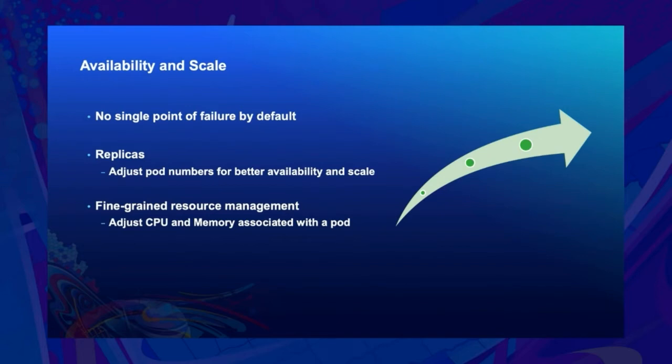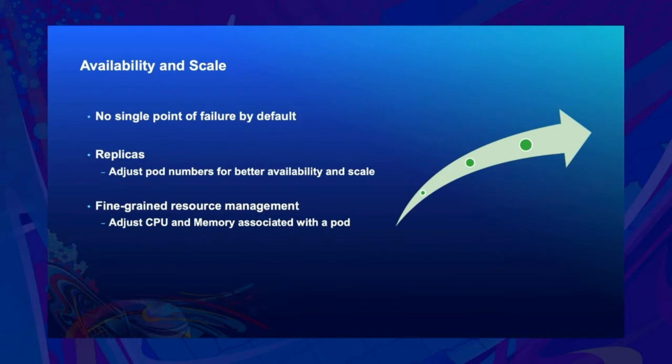In the architecture and design, we paid careful consideration to not have a single point of failure in the default highly available configuration. The number of pods or replicas can be adjusted to meet certain throughput or scale requirements. One can even configure fine-grained resources like CPU and memory allocations on a per microservice basis to tune the system for very specific needs.